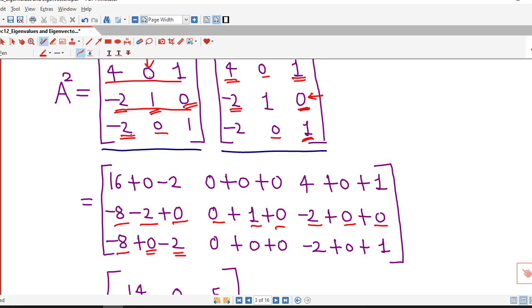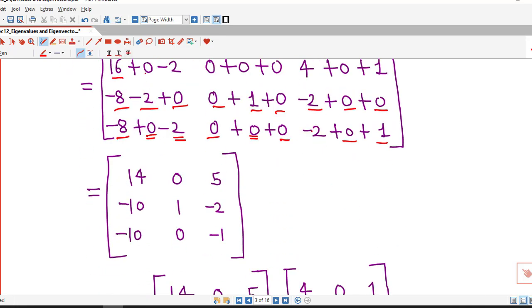Third row into second column, minus 2 into 0, 0 into 1, which is 0, and 1 into 0, so here we write 0. Third row third column, minus 2 into 1, which is minus 2, 0 into 0, so 0, and 1 into 1 is 1.